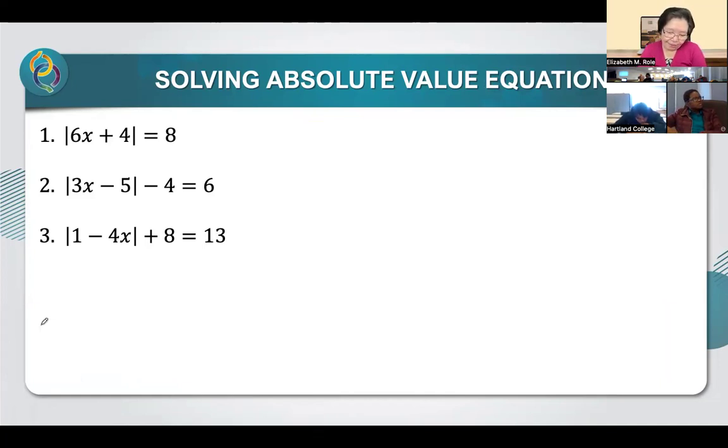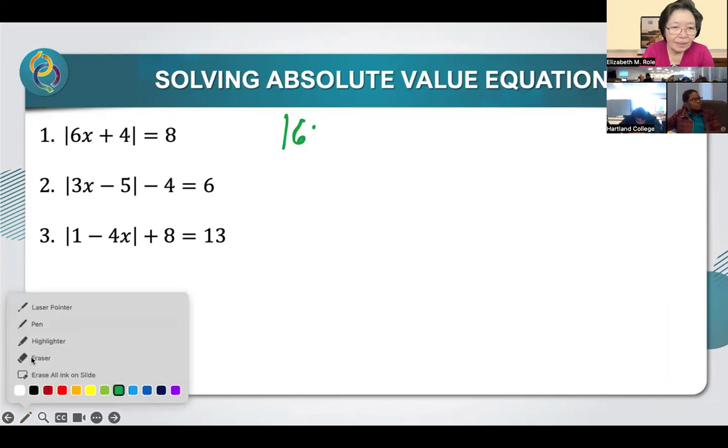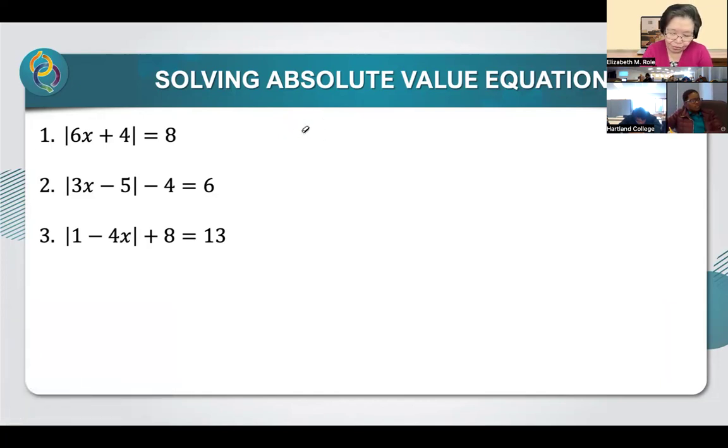So we say the absolute value of 6x plus 4 equals 8. We'll split it into 2 because it's already isolated. So we now say 6x plus 4 is equal to 8.